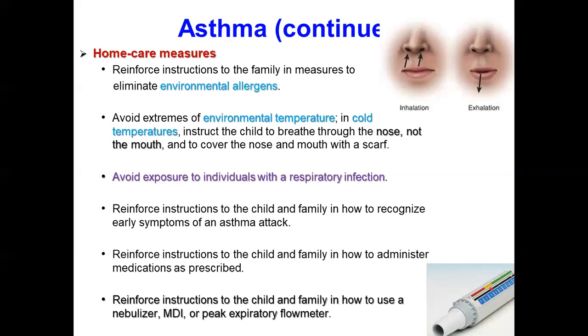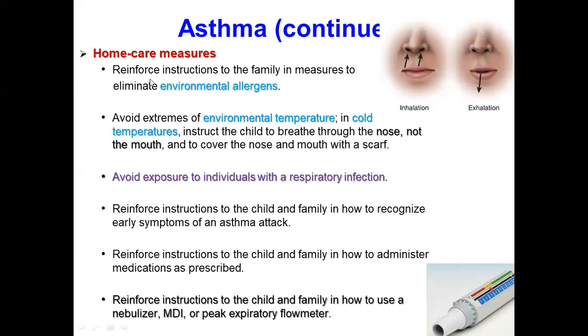Also, we monitor the peak flow meter. You see, this is the peak flow meter. So we measure how well air moves in and out of the lungs. Let me read it.